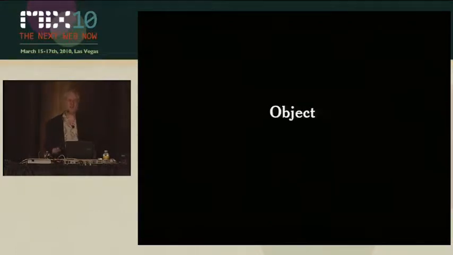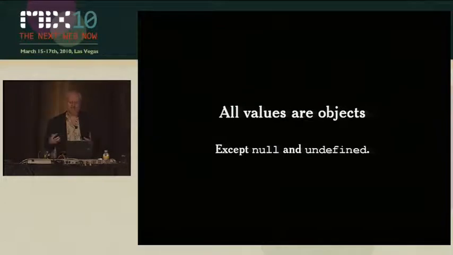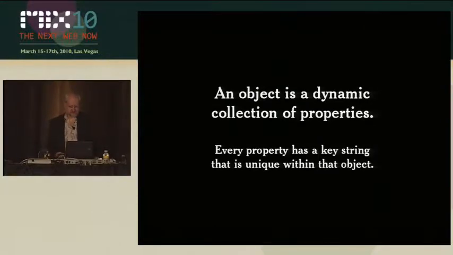So we have objects in this language. We have a brilliant representation of objects. In this language, all values are objects with the exception of null and undefined. Everything else, strings, numbers, booleans, they're objects. Arrays are objects. Everything is objects. Functions are objects. An object is a dynamic collection of properties.